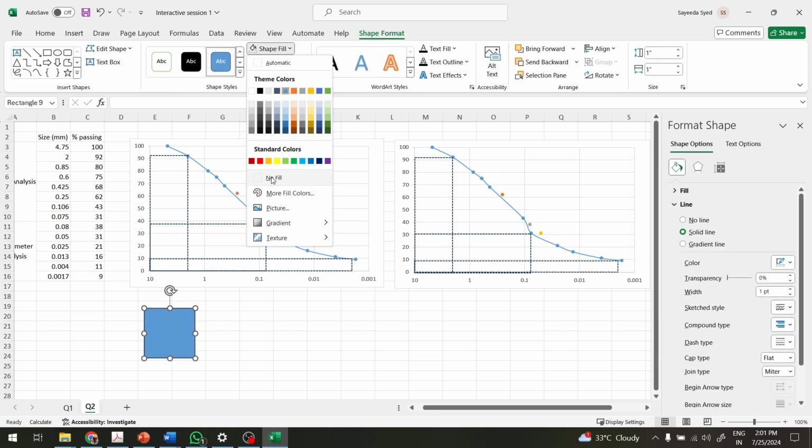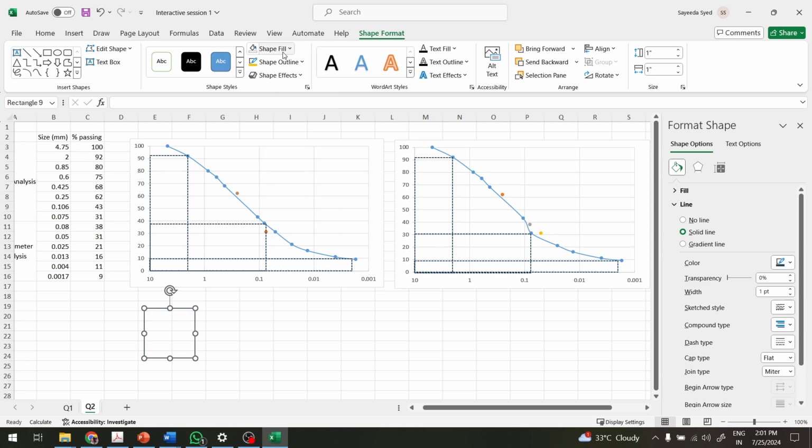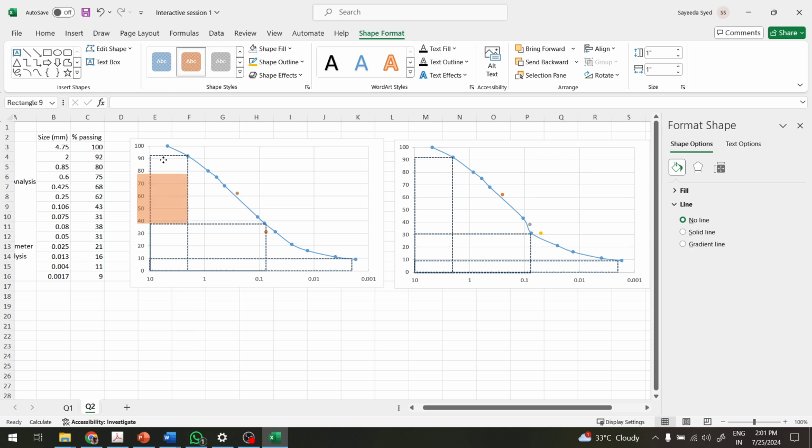Or let's give it a transparent fill actually. This is just to make you understand how this works.